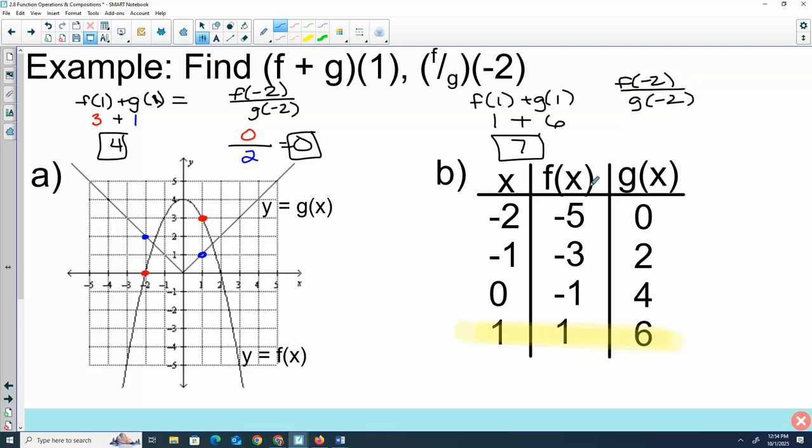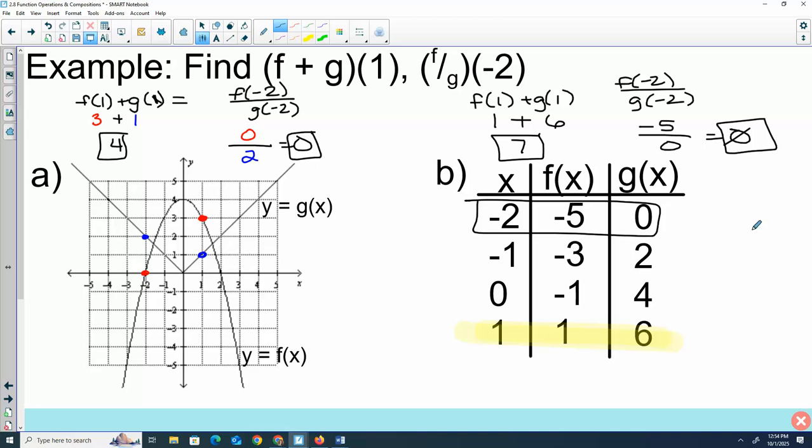When the x is -2, what's the y value of f? -5. G? Can you do -5 divided by 0? So that one is no solution. So we should be able to evaluate functions from their graphs and add, subtract, multiply, or divide, or from a table. Any questions about that?